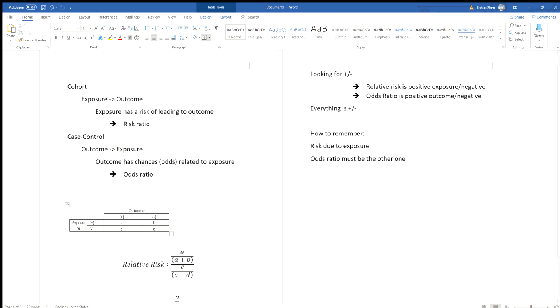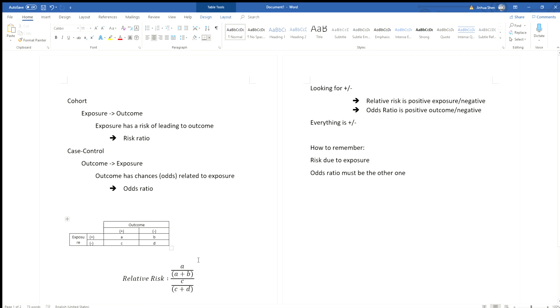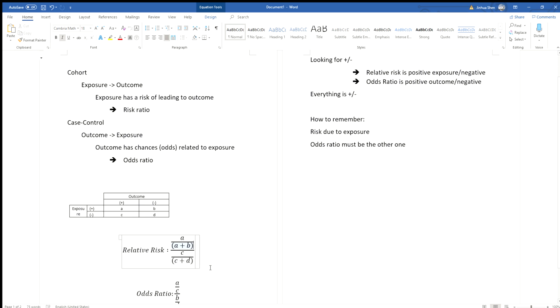That's all you have to remember, honestly, because in the actual test, it's possible they might show you A divided by B over C divided by D and confuse you with the odds ratio, but you're smart. As long as you remember risk, it's understandable.